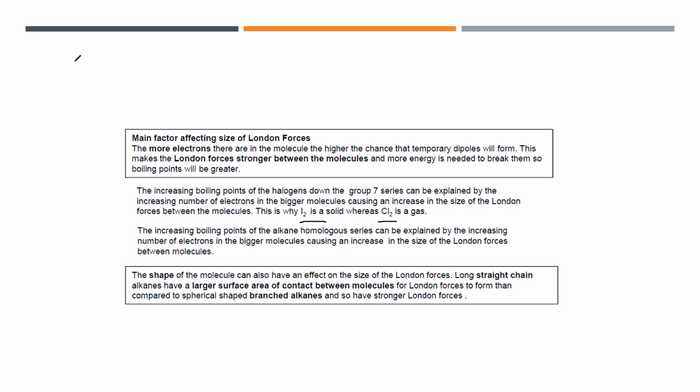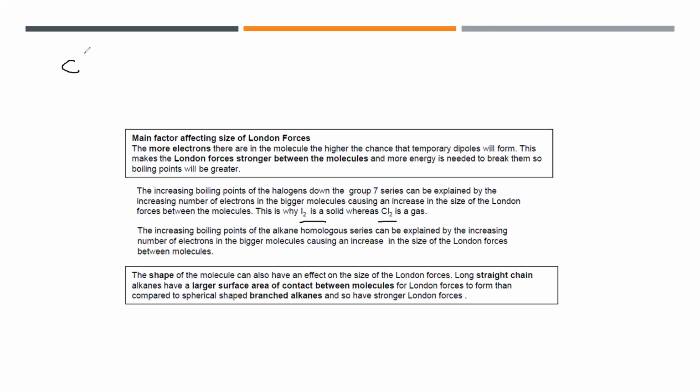Same thing for a homologous series. A homologous series has certain properties: the same method of preparation, the same general formula, and each member differs by CH2. Physical properties gradually change.